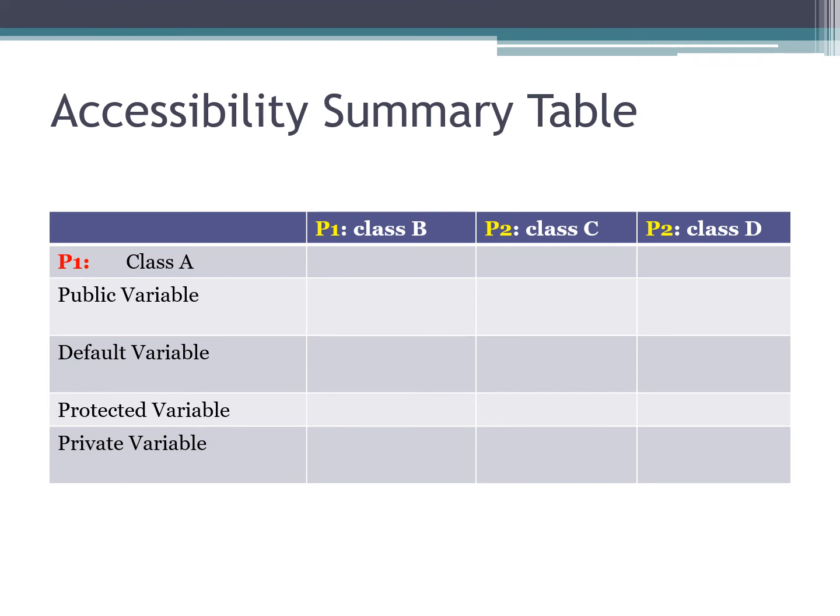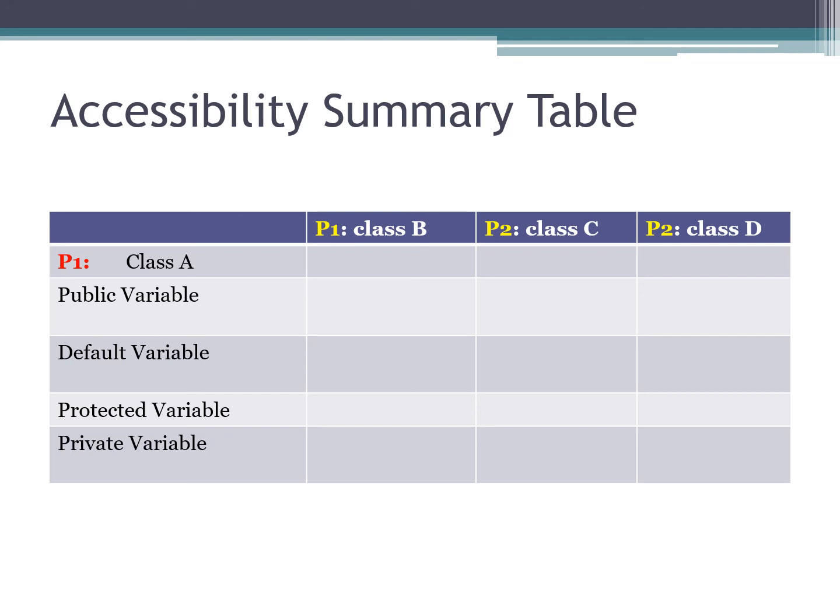So let's check the accessibility of different member variables through this summary table. Here class A belongs to package P1, class B also belongs to package P1, and classes C and D belong to package P2.